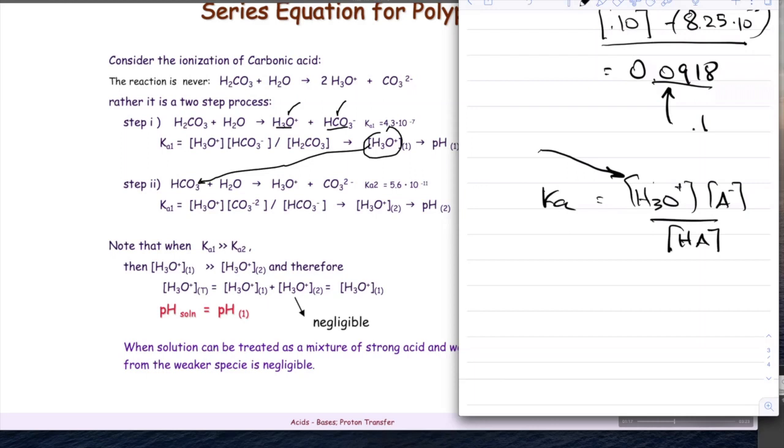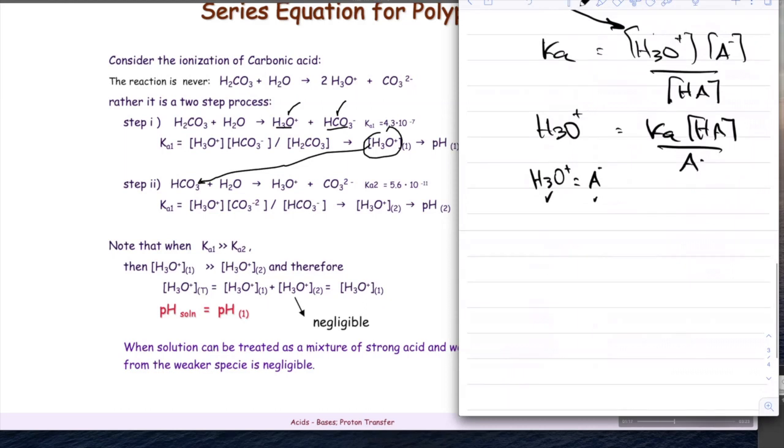So if you solve for that, you get this right here. But if we make the assumption that hydronium is equal to A minus, and why do we make that assumption? Because for every hydronium that forms, you get an A minus concentration of equal amount.